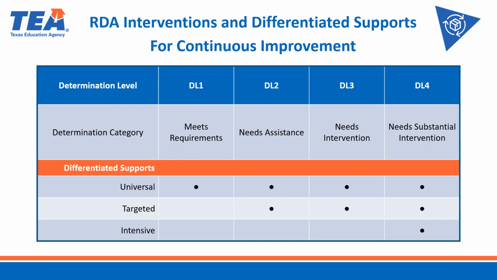LEAs that are identified as a DL4 and need substantial intervention will engage in prescribed activities directly related to the LEA's identified area or areas of need with sustained and in-depth support.